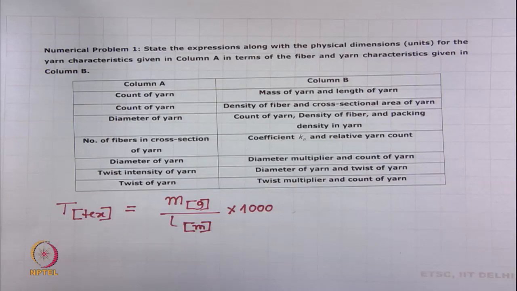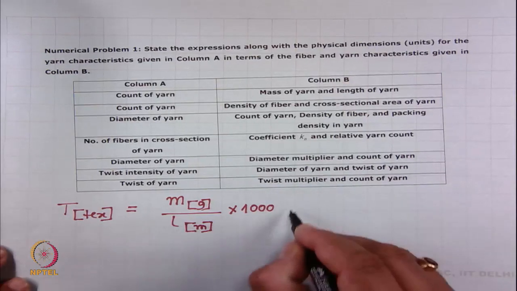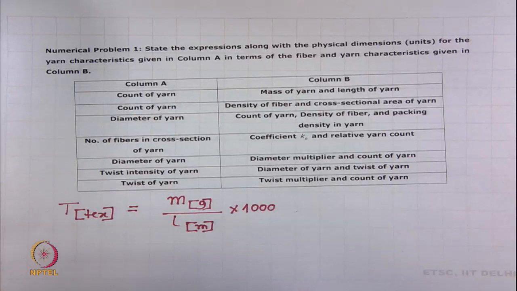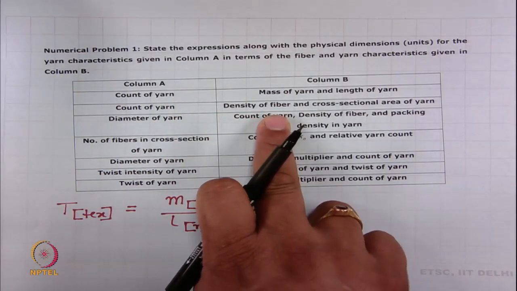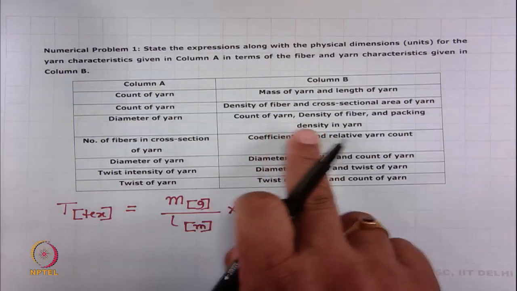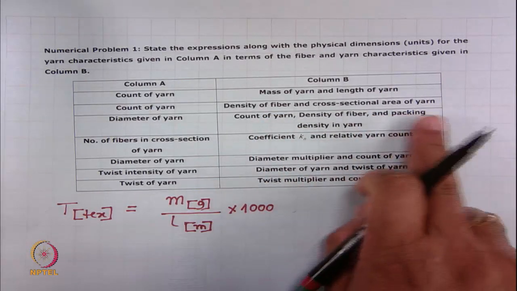Okay. First is done. Second, count of yarn, density of fiber and substance cross sectional area of yarn.